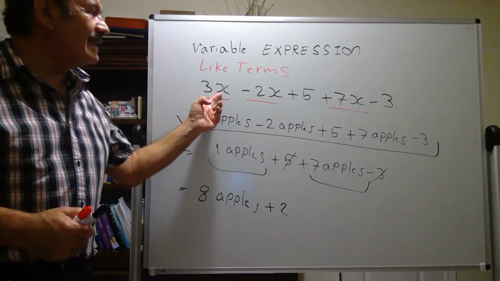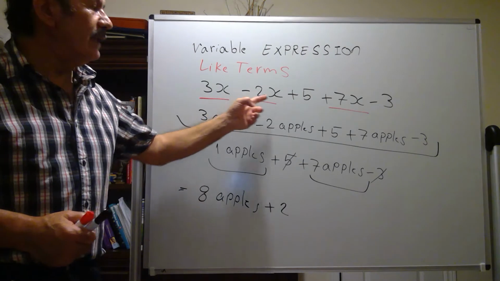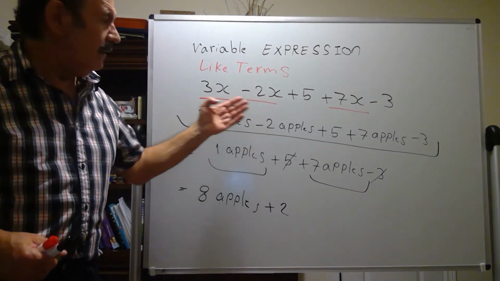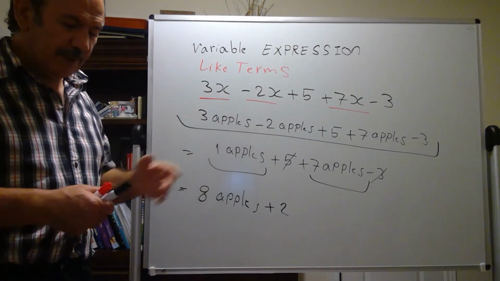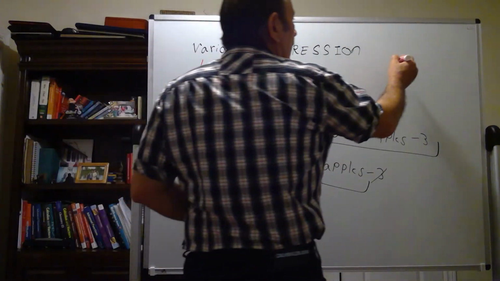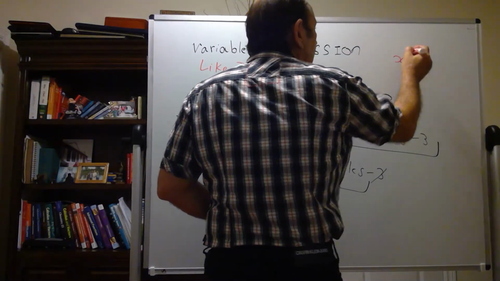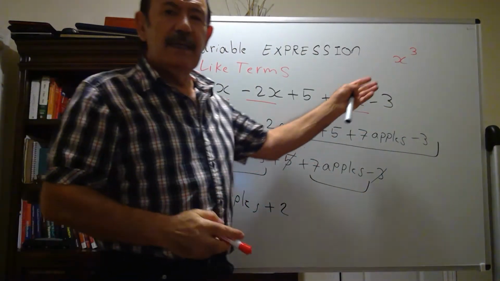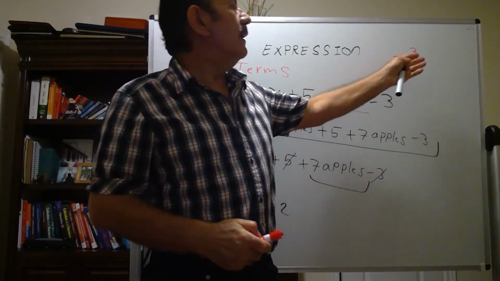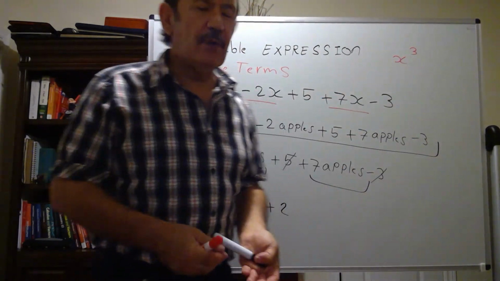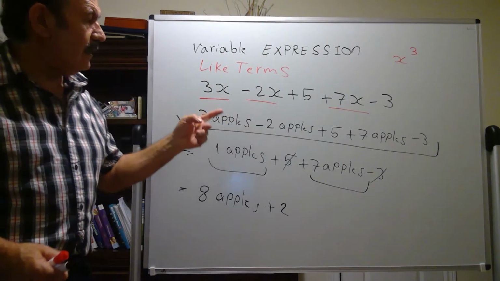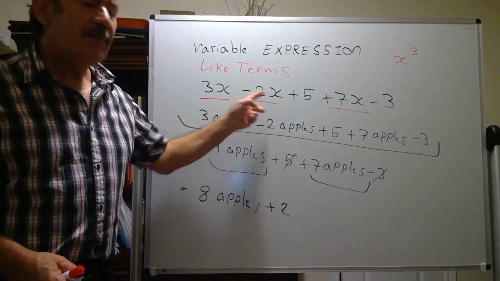Like terms are equal, they have the same base, or they have the same variable; we call it the base. Do you remember? In x to the power of 3, the name of x is the base, the name of this 3 is the exponent. For like terms, they should have the same base.